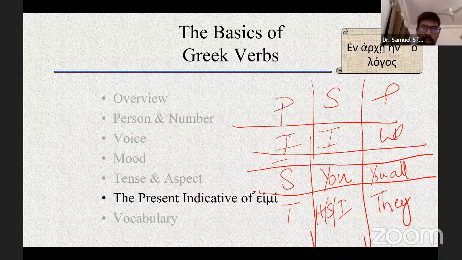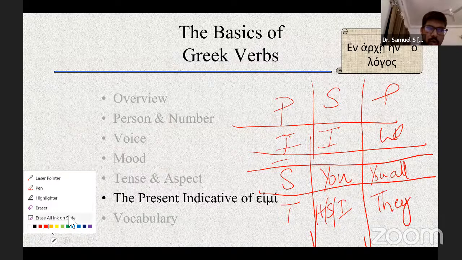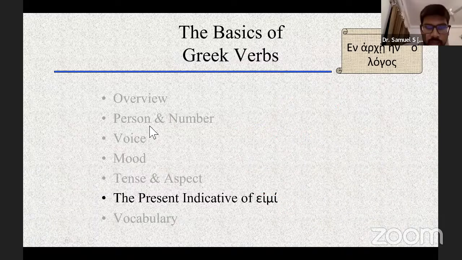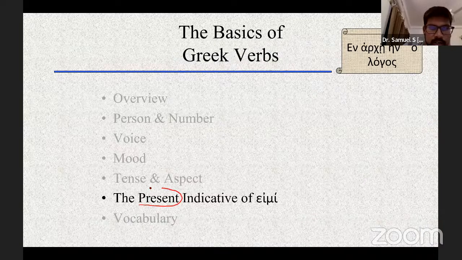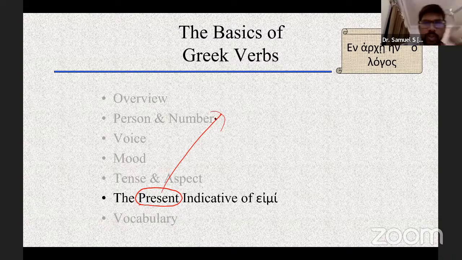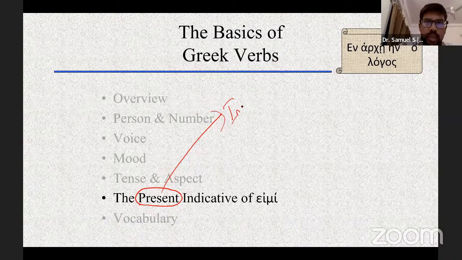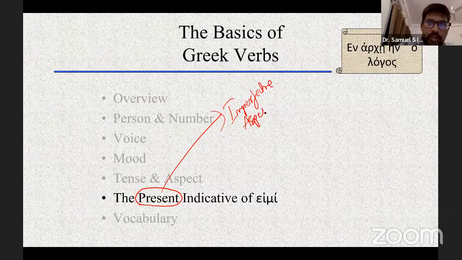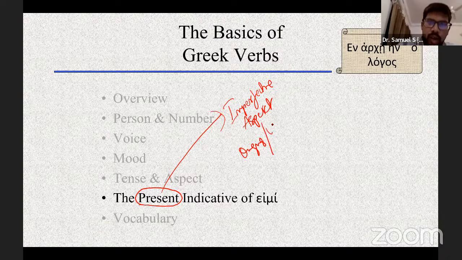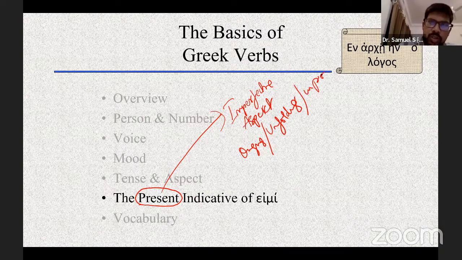This will be our paradigm by which, firstly, we will learn a very important verb, which is eimi. Eimi, the present tense form. And what is present tense form communicating? Imperfective aspect, meaning action is ongoing, unfolding, right? In process.